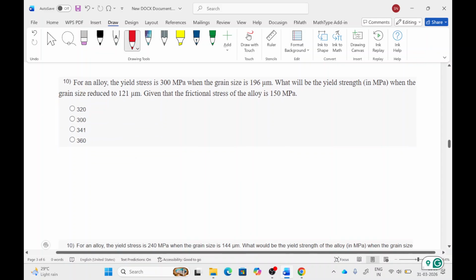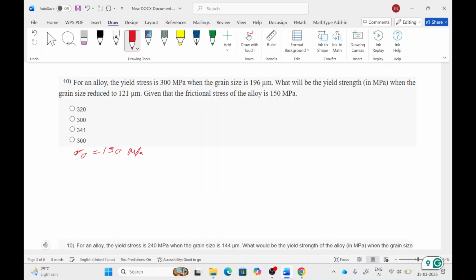Okay. So next question is numerical. For an alloy, the yield stress is 300 MPa when the grain size is 196 microns. What will be the yield strength when the grain size is reduced to 121 micrometer, given the frictional stress is 150 MPa? So we have given sigma naught 150.